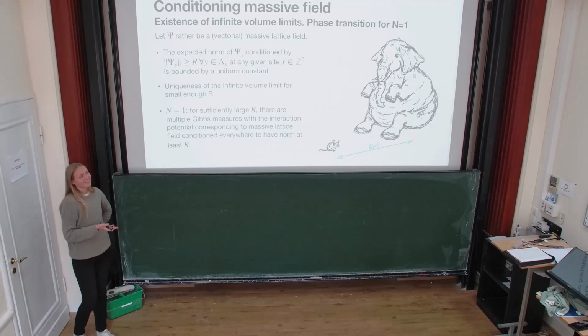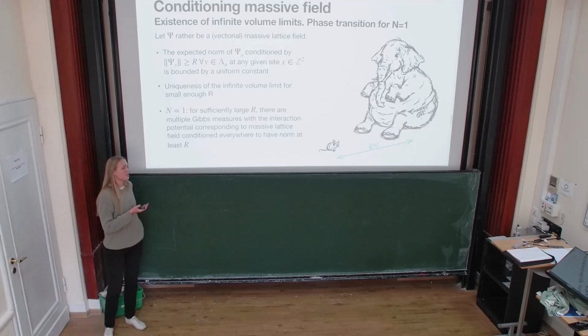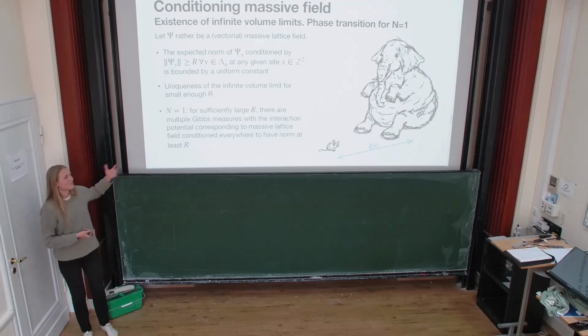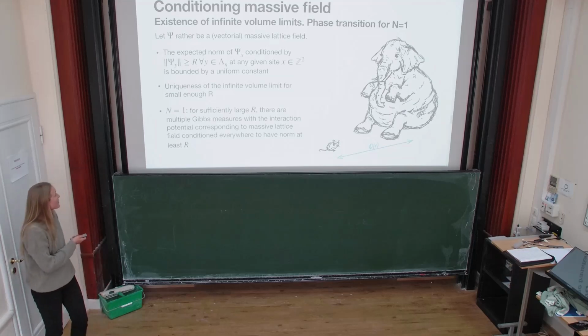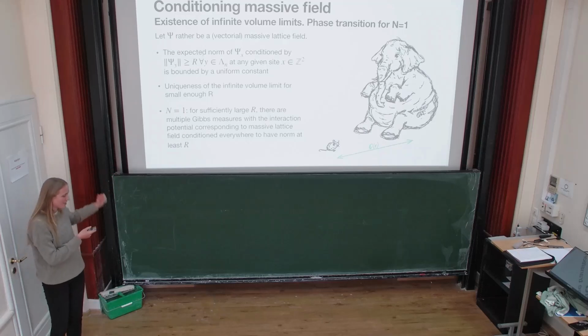So our hope is, for n greater or equal than 3, or at least maybe n large, to be able to say something like, okay, we are given some R. Then we want to claim that, if we are given R, we can choose mass small enough, depending on this R, such that the conditioning doesn't perturb my model so much, so that I still preserve the exponential decay, and then through this, basically, we would get some exponential decay for spin O(n) models. So this was basically the main motivation why we started looking at these things.